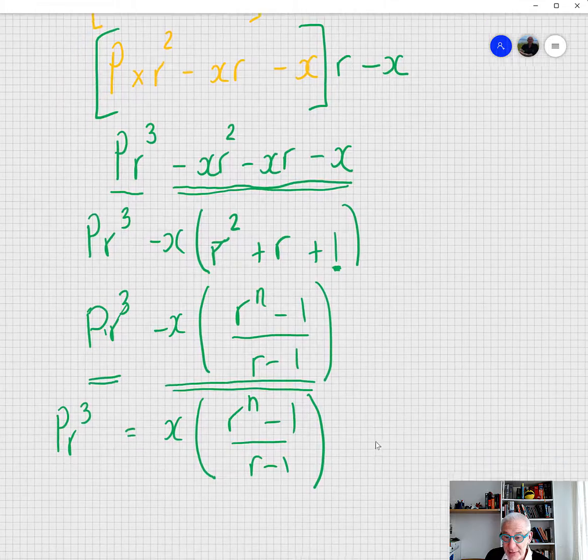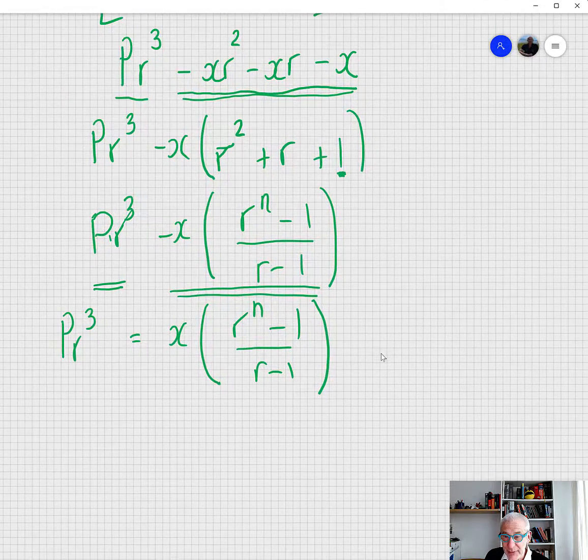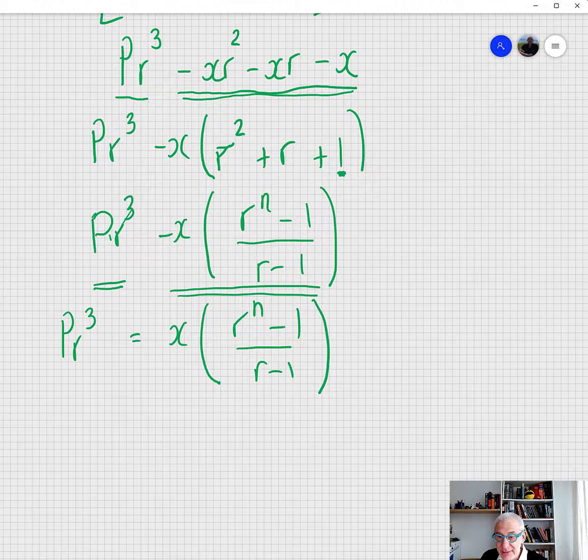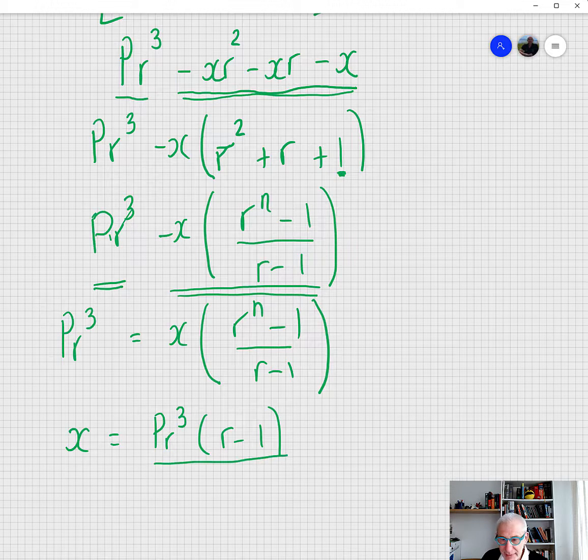Now all we have to do to find our monthly payment is make X the subject, in which case X is equal to PR to the n times R minus 1 divided by R to the n minus 1.